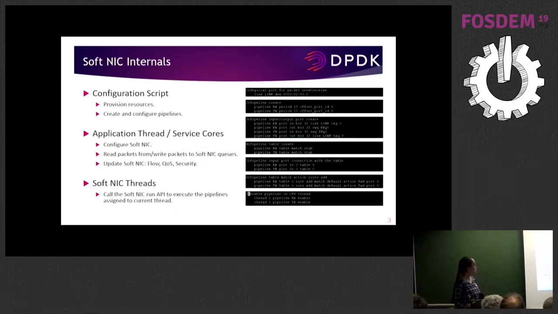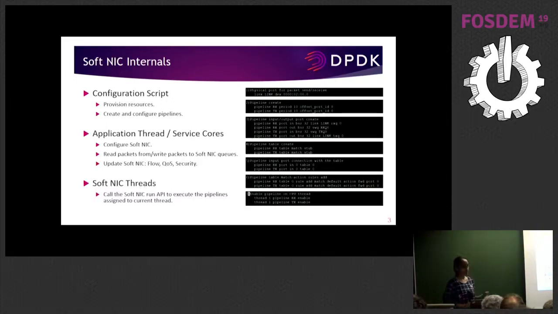So internally, who creates this SoftNIC and who has to do the configuration? The application threads or the service cores have to do this job. Service cores are dedicated lcores which will be doing service-related work items for the missing features of the hardware.